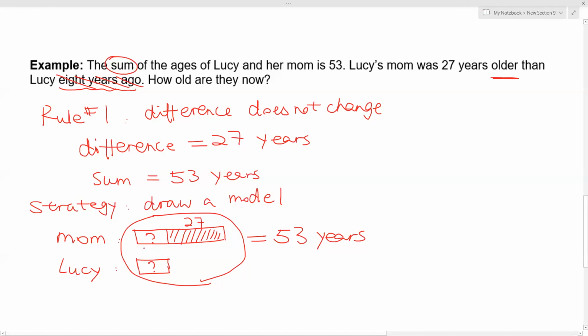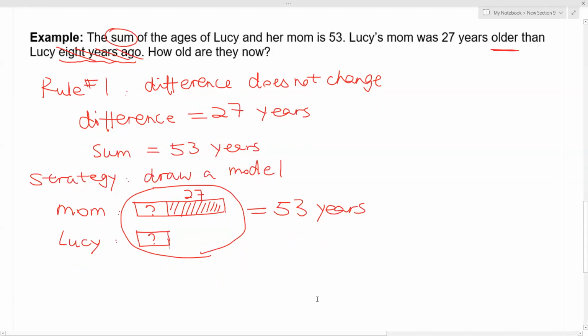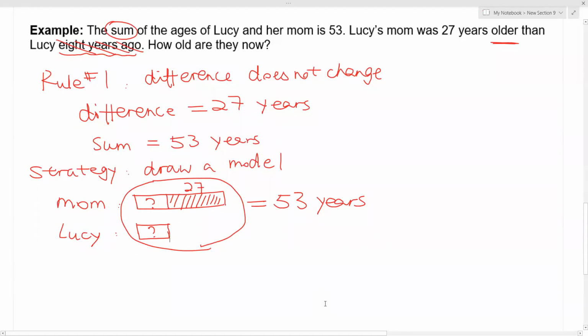So the model becomes really, really easy. We can just do 53 minus 27. That gives us 26. And that's these two little boxes here. That's 26. So 26 divided by 2 equals 13.